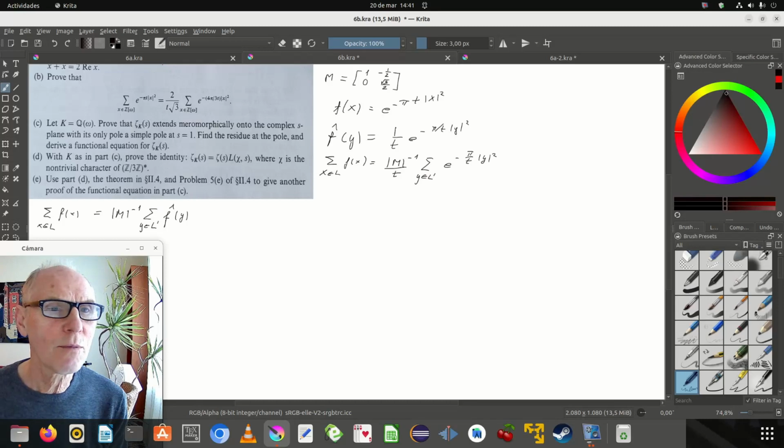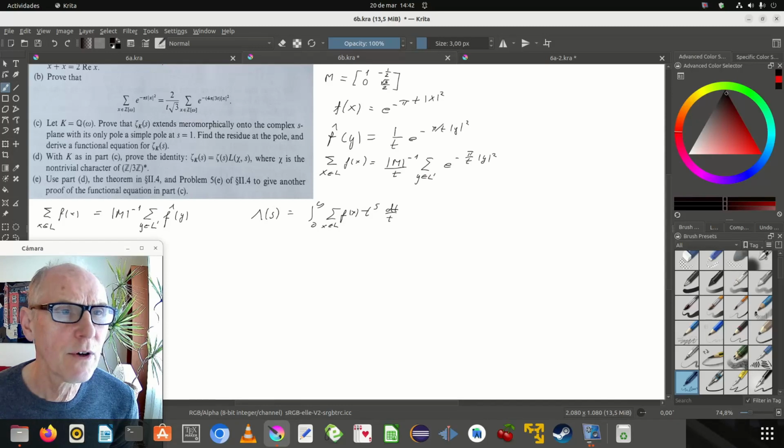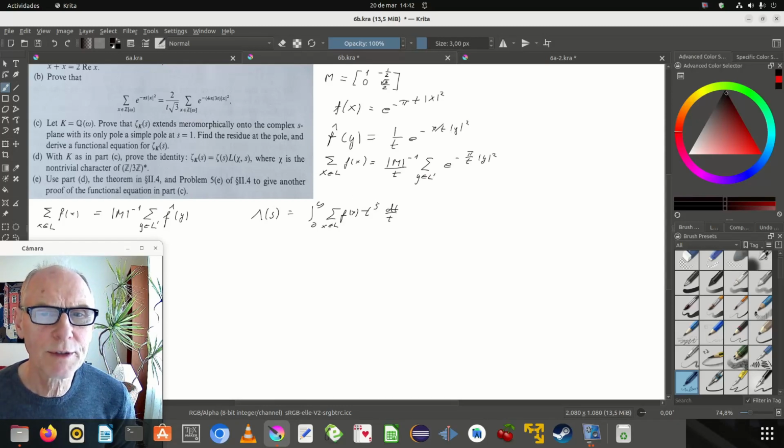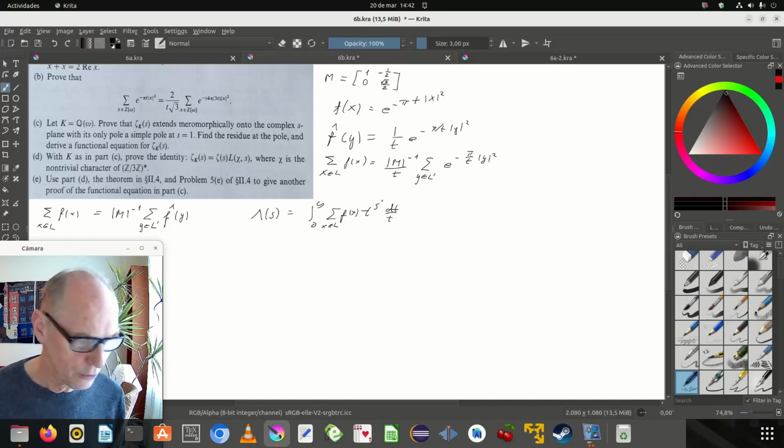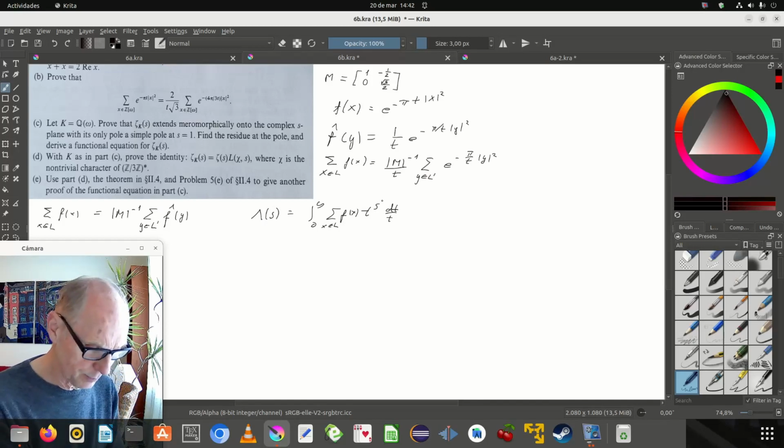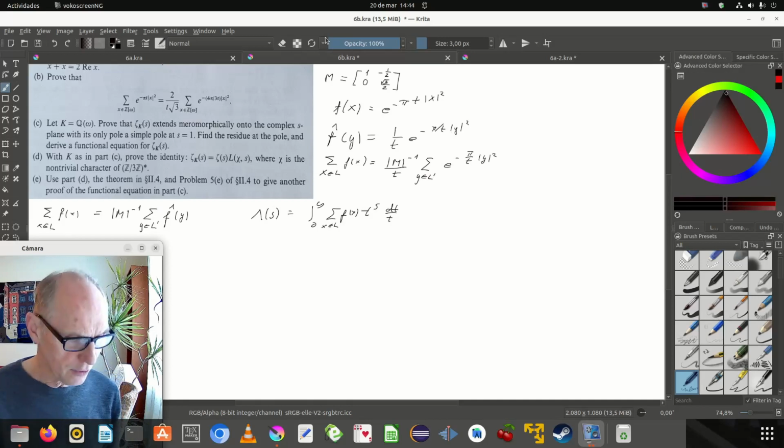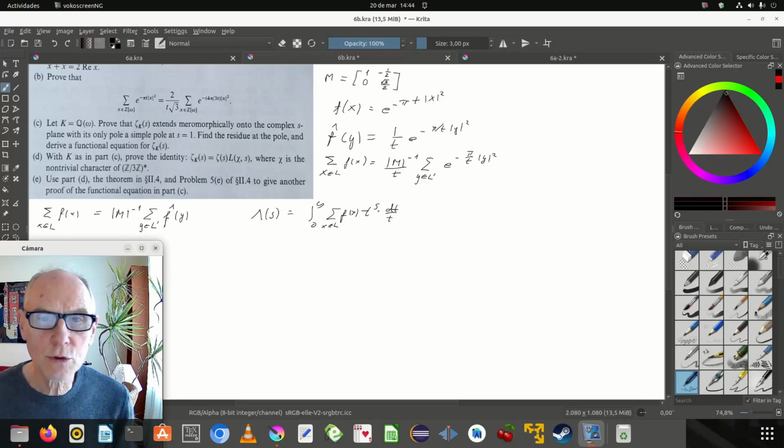So let's get on with the show and take the Mellin transform of F here, or rather the sum. The zeta function, I'll just have to look up the definition to check whether we shall use s or s halves. The definition is in problem 1, and it seems we shall just use t to the s.